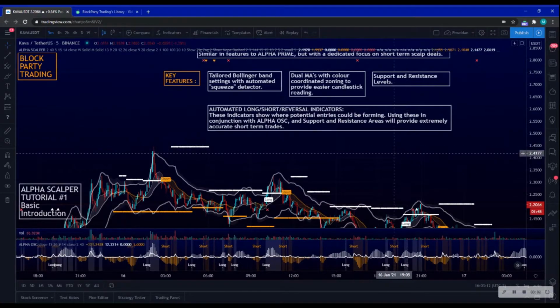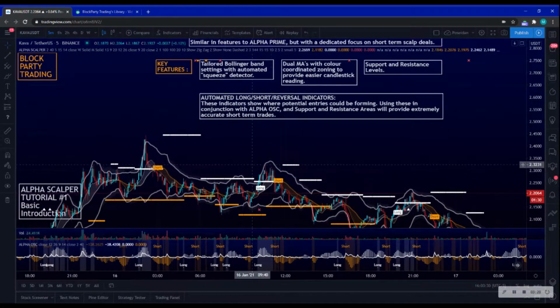The key and most interesting feature with the scalper is these automated long, short, and reversal indicators. These are set up on breaking MAs, breaking support levels or resistance levels, volume, that kind of thing.